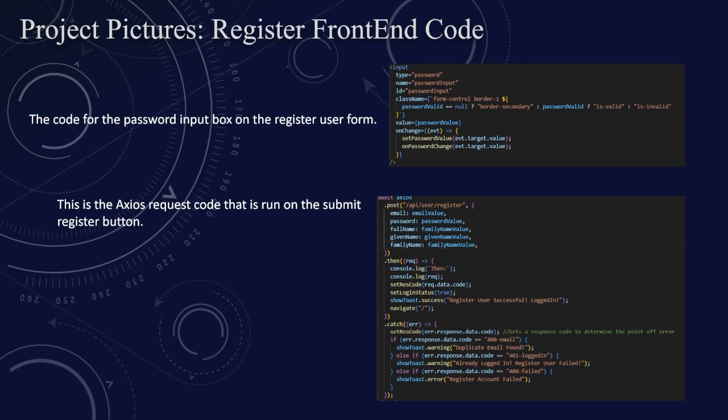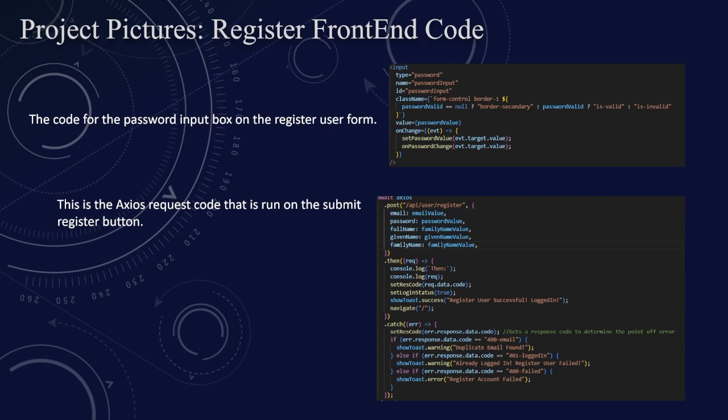This is the register front end code. You can see the first picture is how I have my input set up. There is a type for the password box. It's a type of password, so it blocks it out in little dots. The class name is the classes, depending on if the password value is valid, it will give you a different border around the text box.